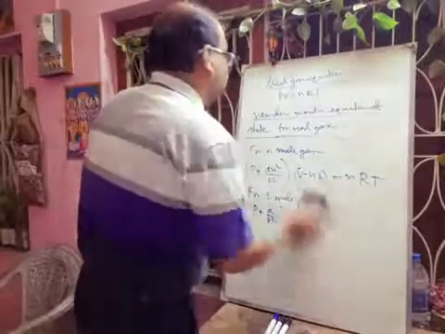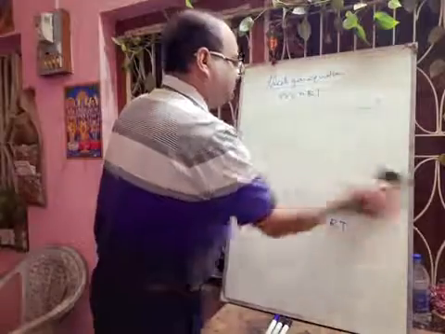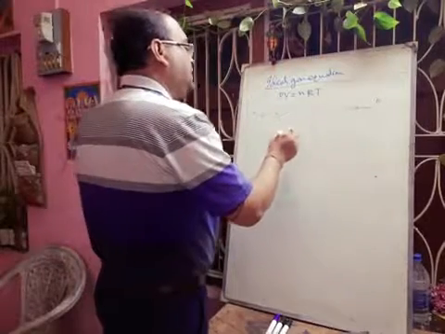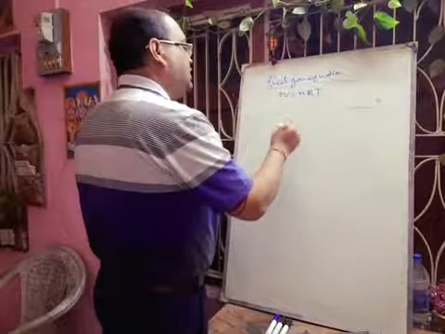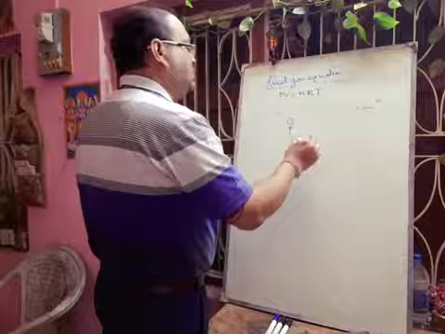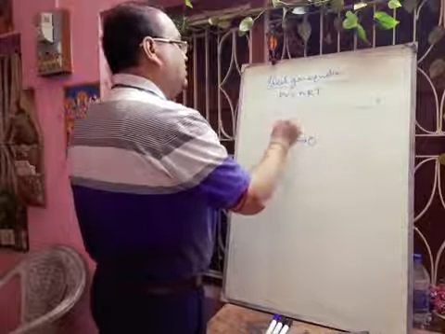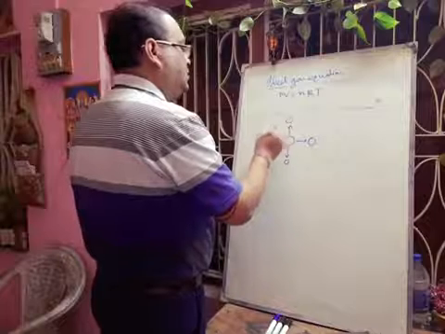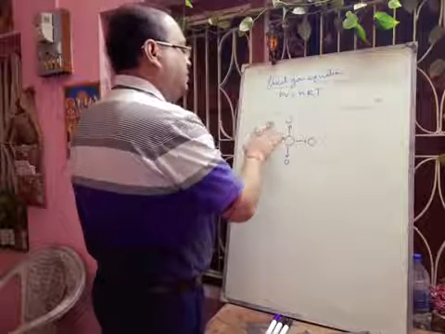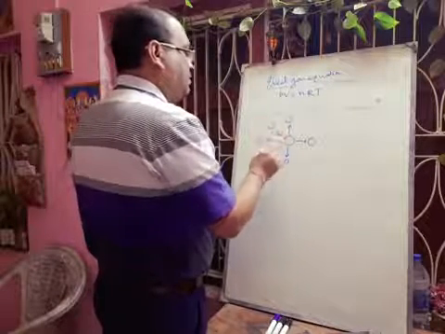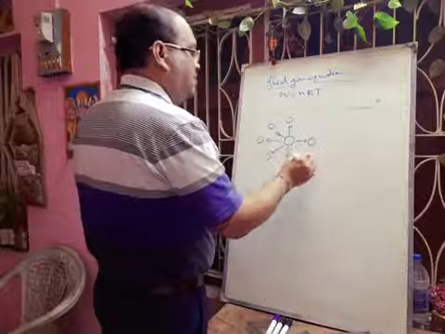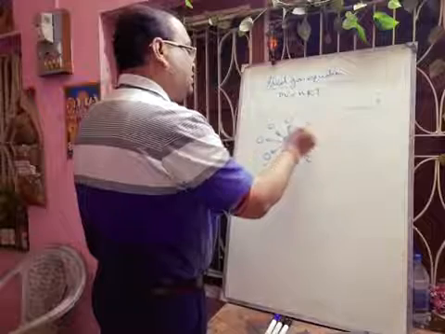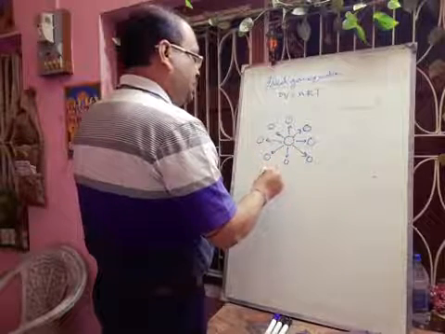If I draw the structure, you can easily understand. Suppose a molecule is inside, so everywhere its attraction or repulsion with the other gas molecules will be the same. There will be no net force. This is inside the container, inside the bulk.